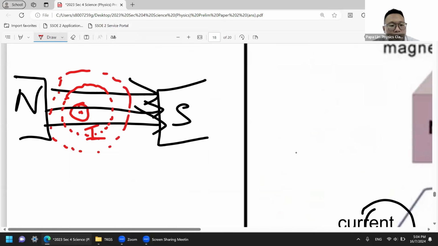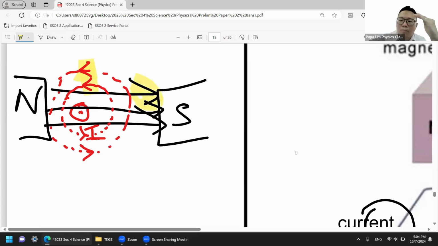In this direction, it's anti-clockwise, which means the bottom side is going to the right and the top side is going to the left. If you look at the direction of the magnetic field lines, on the top side the field line from the current is going to the left, while the field line from the magnet is going to the right.